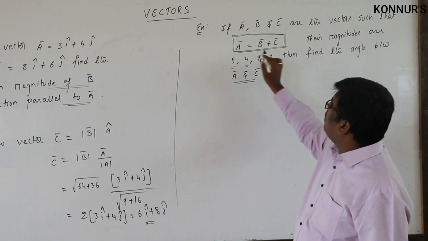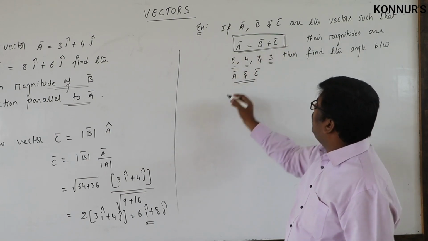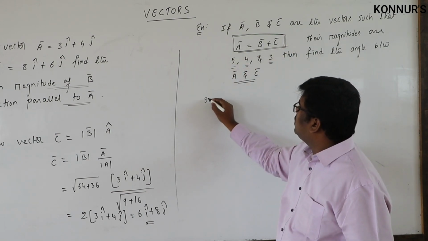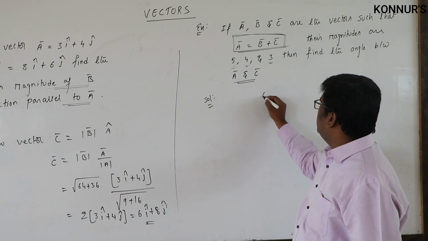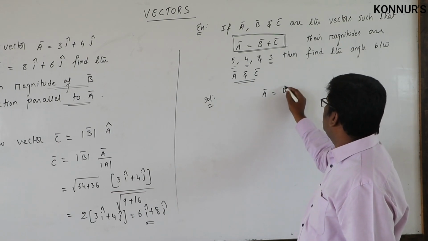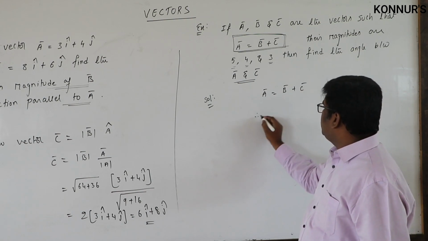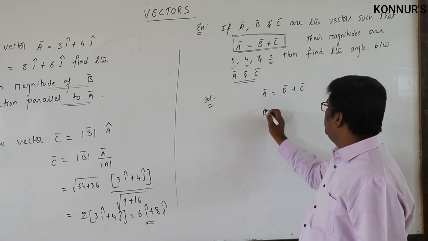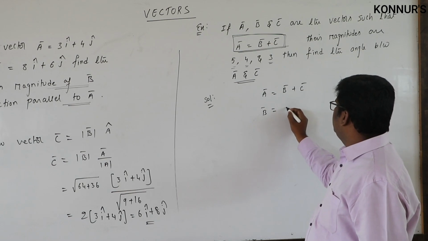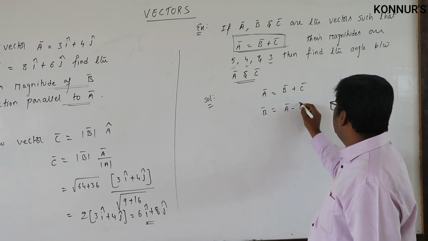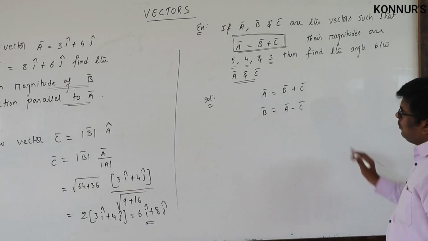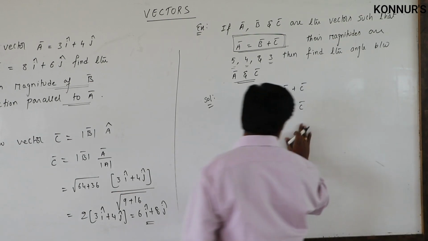So we have to rearrange the given equation: a bar equals b bar plus c bar, so b bar equals a bar minus c bar. This is the equation we have.